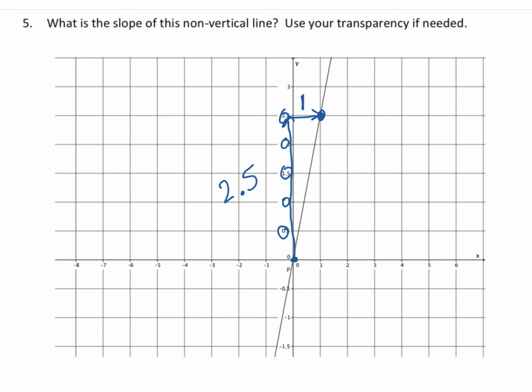Notice how down here my axis is only going by 1s, but here on the vertical axis we're going by 1/2s. So vertical goes on the top, horizontal goes on the bottom, which means my slope is 2.5.